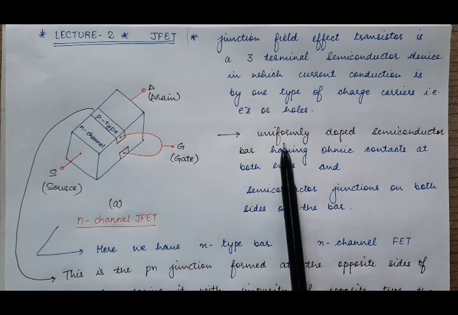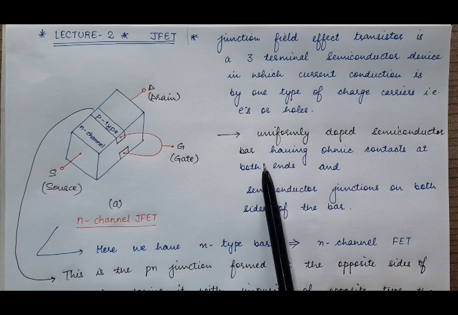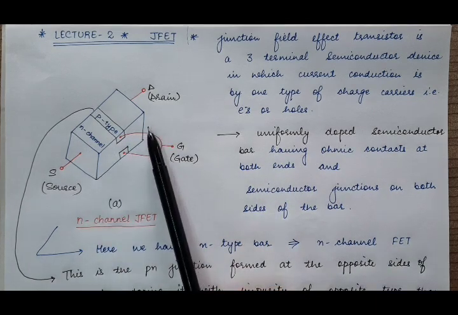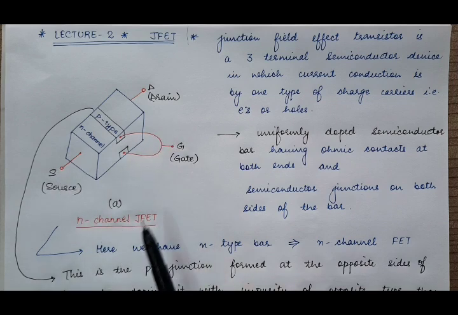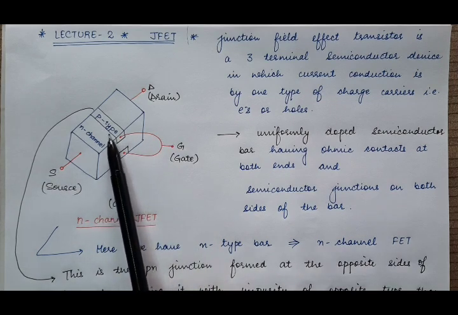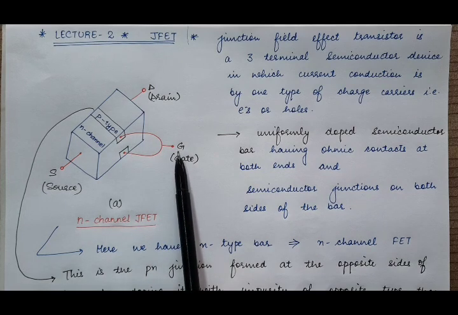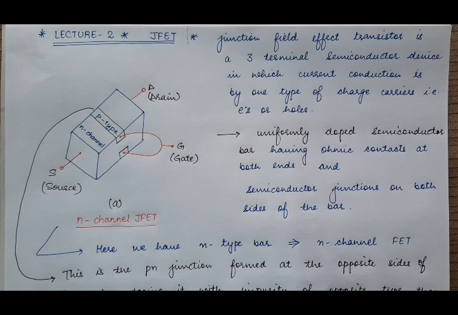So this is a uniformly doped semiconductor bar having ohmic contacts at both ends to form two terminals, source and drain, and having semiconductor junctions on both sides of the bar to form the third, common terminal, which is known as gate.